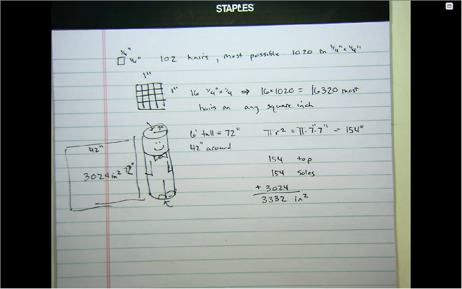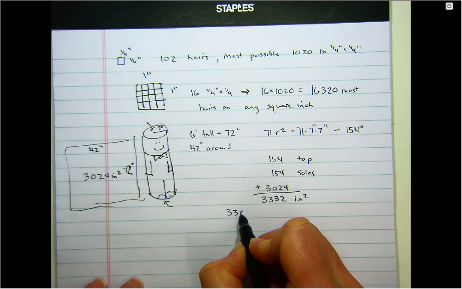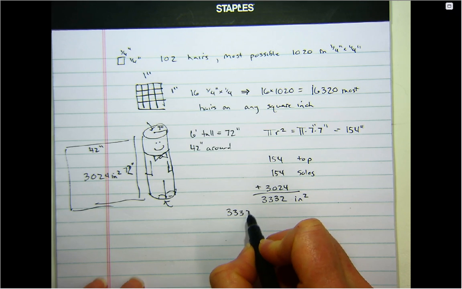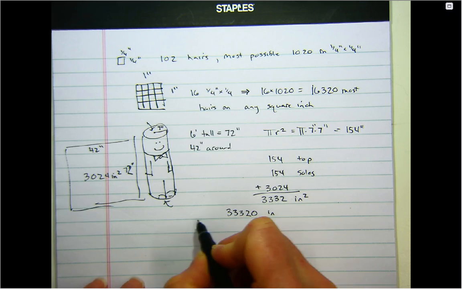Maybe we're smaller people than Bob. But nobody would have 10 times as much skin. Even if you did, you'd likely be putting all that energy of your body into growing skin and not hair. So we'll say that nobody has more skin than 33,320 square inches.